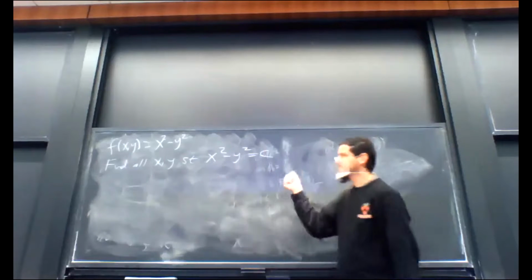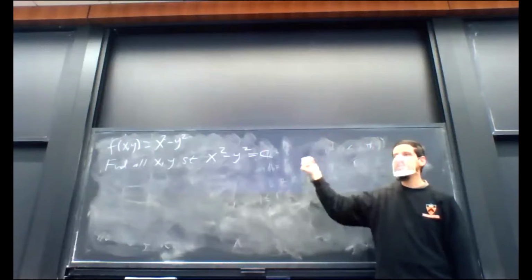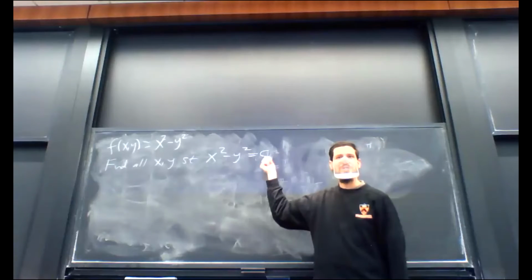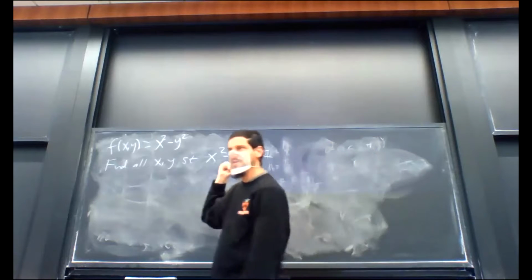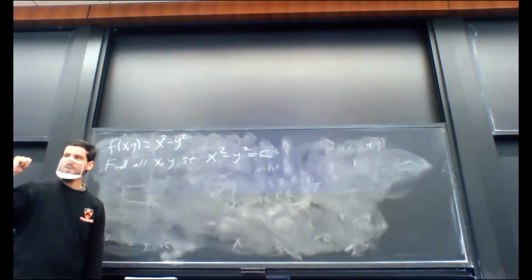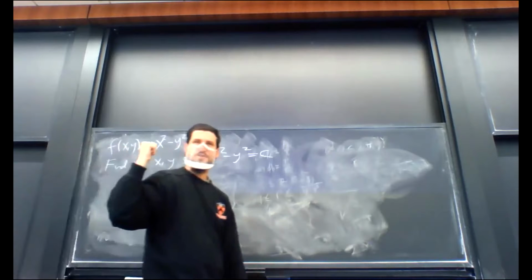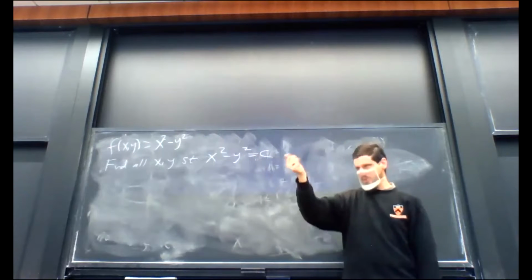I haven't told you what c is. All I told you is c is positive. You have to give me an x and a y that work. So I want x squared minus y squared equals c, and c is positive. What could you choose? What if you had x squared minus y squared equals 4? Give me a point that works. 2, 0.